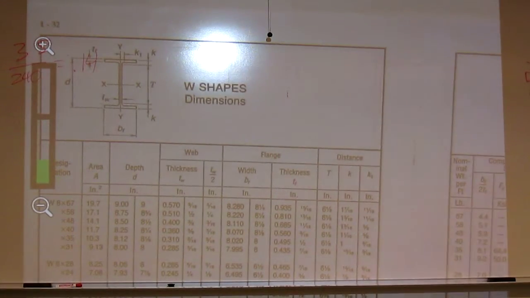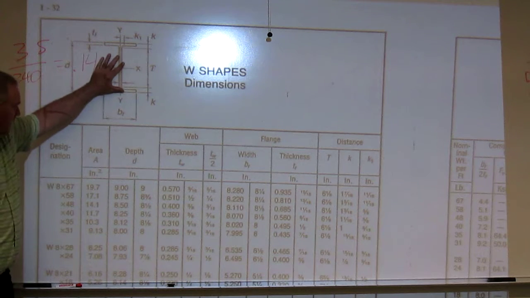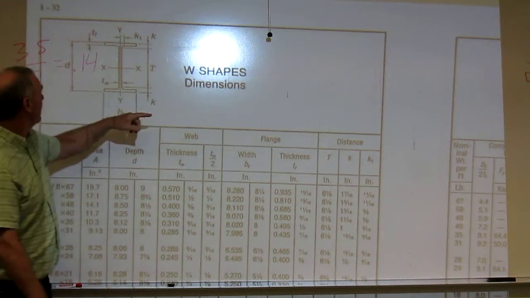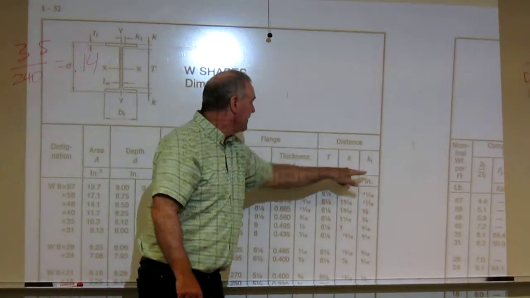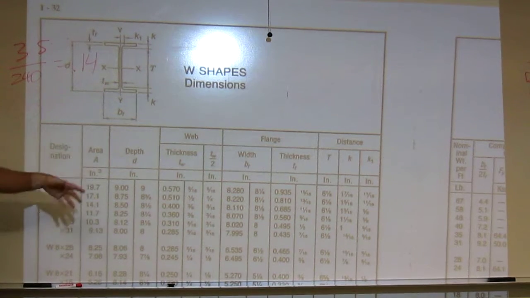First, on the top here, you have all the dimensional information that matches up with all the stuff you've got down here. Like K1 is right there, K is that one. It's all given to you.